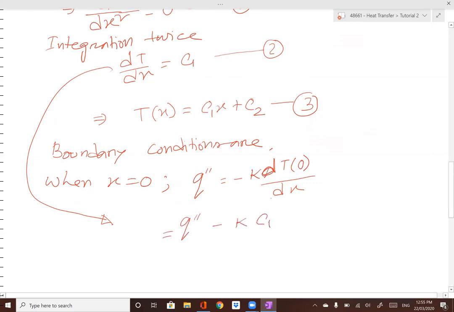So C1 will be the dT/dx portion from equation 2, so our C1 will be negative heat flux divided by heat conductivity.